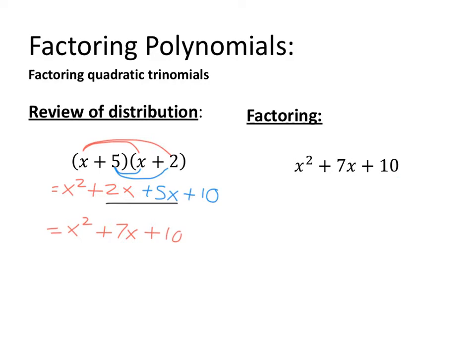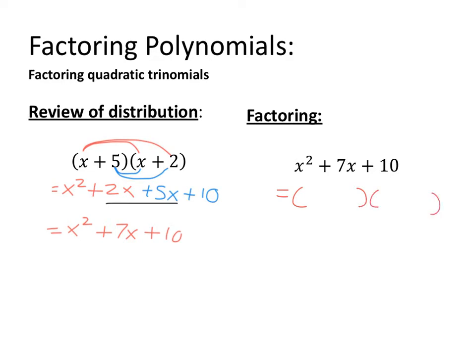So let's talk about how to go backwards from distribution. Instead of starting with this, we're going to end up with that. That's going to be our answer, and we're actually starting with this over here. The way I like to do this is I look at the problem and say, well, I know from past experience that when I factor this, it's going to have two sets of parentheses.